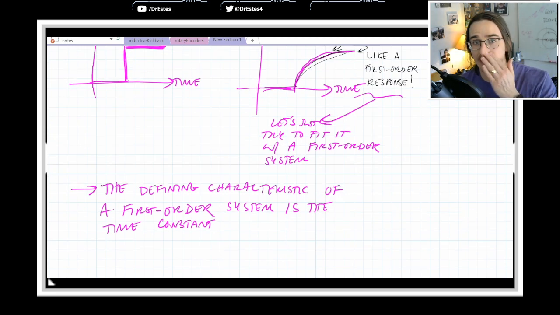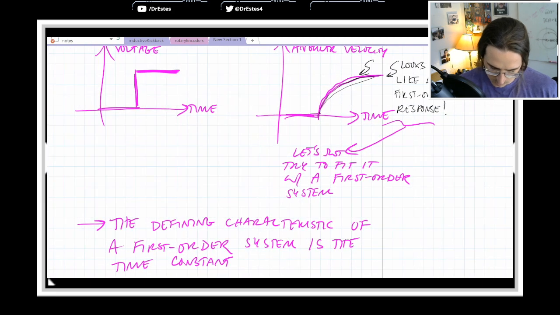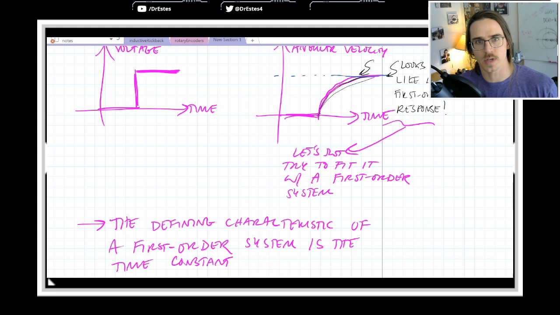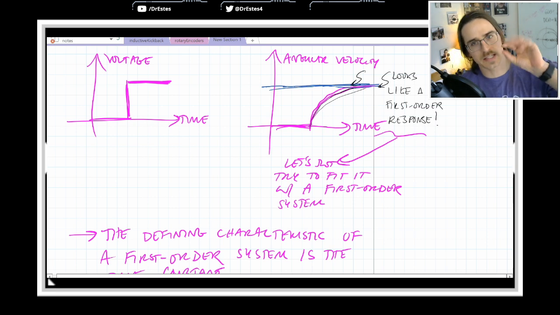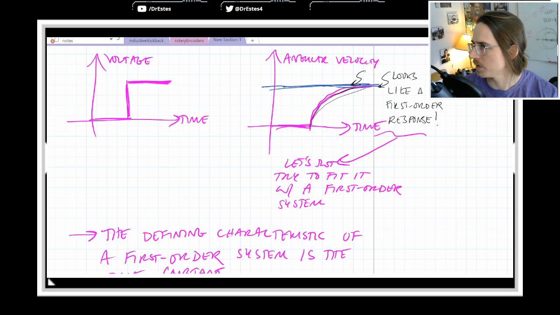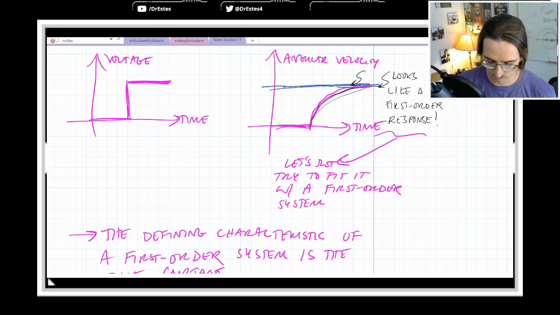First I'll show you what it means. You can see that the angular velocity is approaching some steady state value here, right? The time constant is the time it takes to get 63.2, let's just call it 63%, closer to that steady state value.